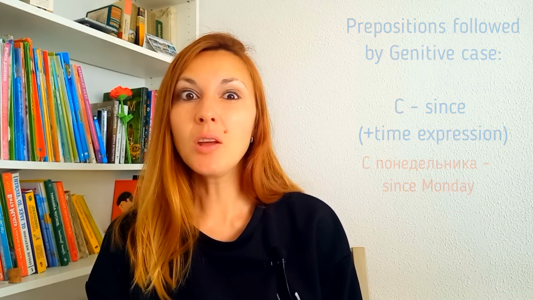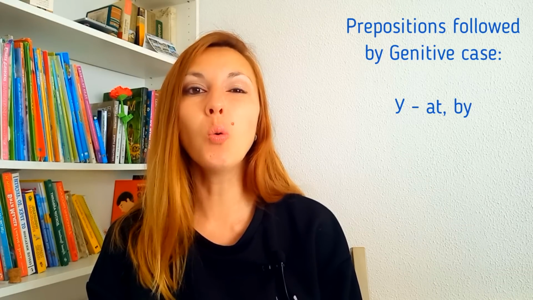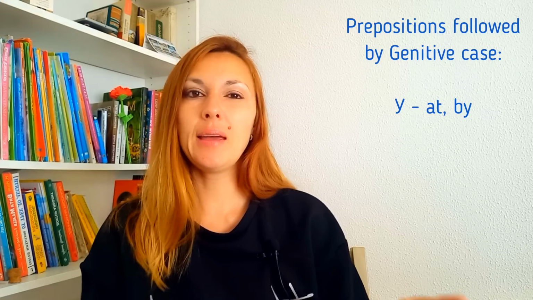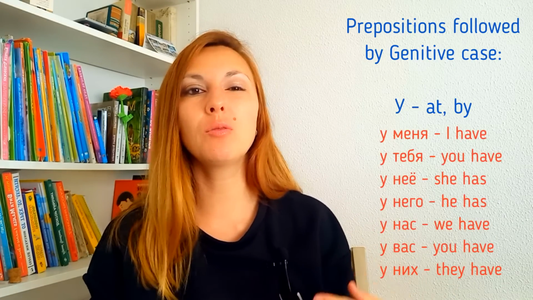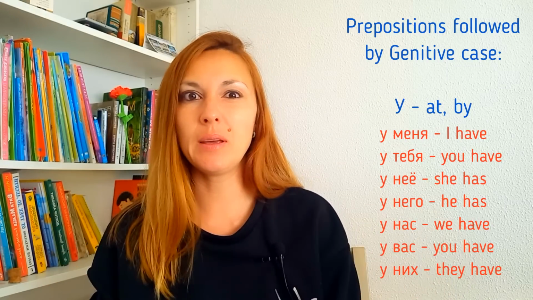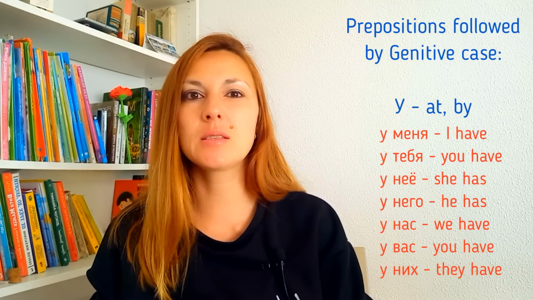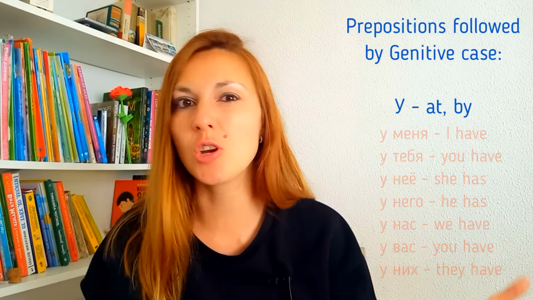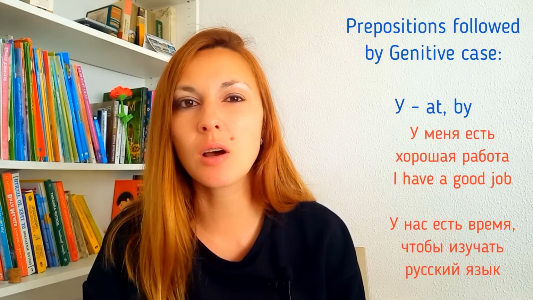Very good. Now the preposition that you of course know is the preposition у. The phrase у меня, у тебя, у него, у нее is a phrase that you of course know. That means that you have something. У меня есть хорошая работа. У тебя есть хорошая работа.